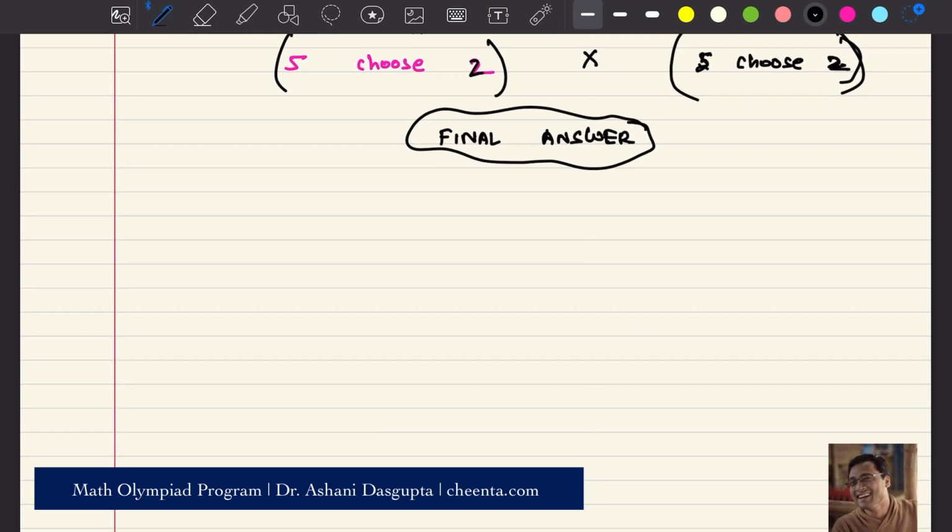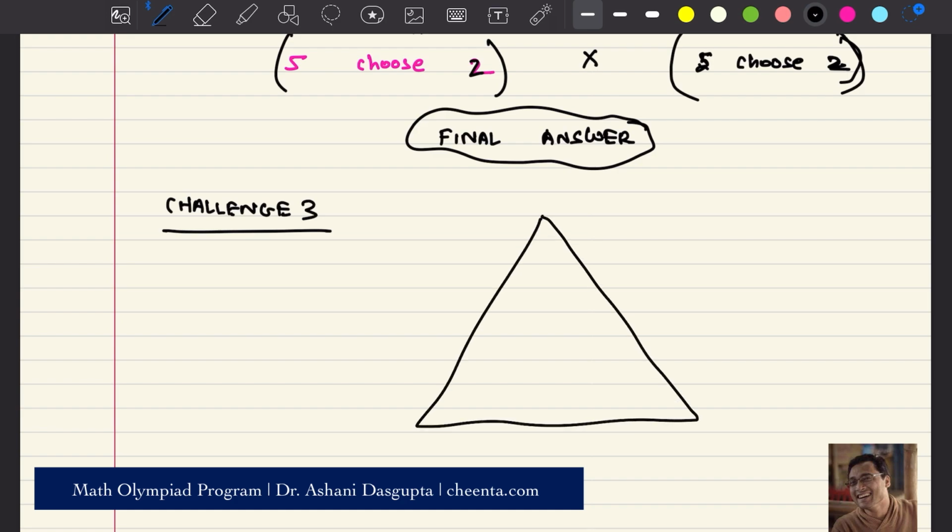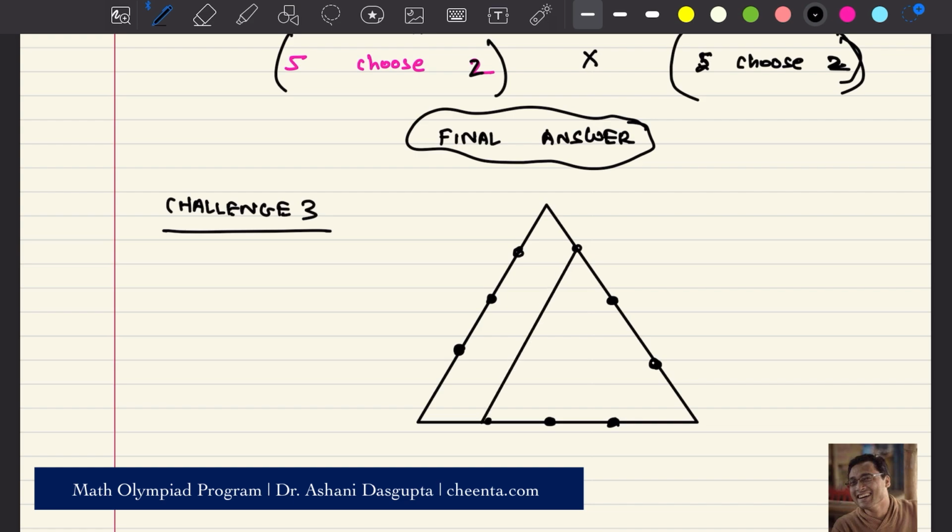And here is challenge 3. If you have an equilateral triangle, suppose you make 3 equally spaced points like this, and you draw lines like this.